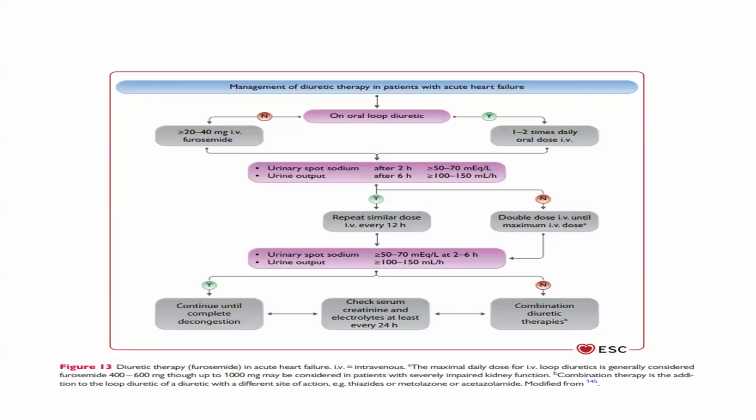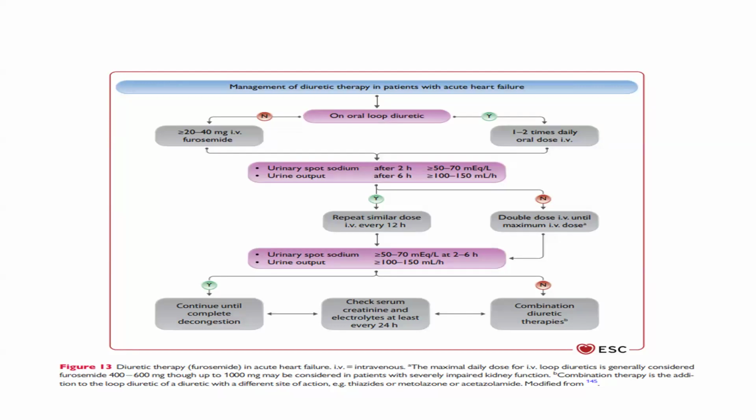If we are monitoring the urine output continuously for 6 hours and it is more than 100 to 150, then we can say the patient is appropriately responding to our diuretic therapy. Then we check the urine spot sodium after approximately 2 hours. If it is more than 50 to 70, then we can say our patient is appropriately responding to the diuretics. So rather than urine spot sodium, it is very much feasible to monitor urine output.